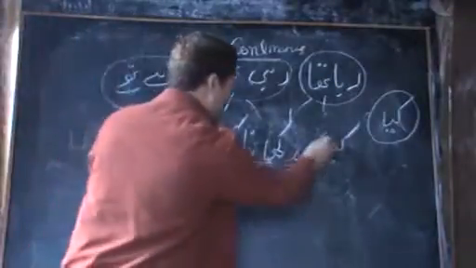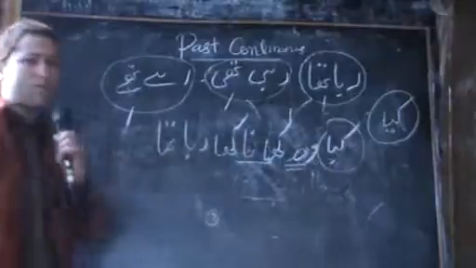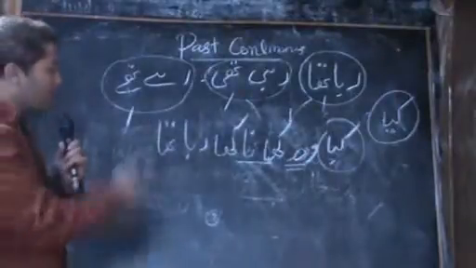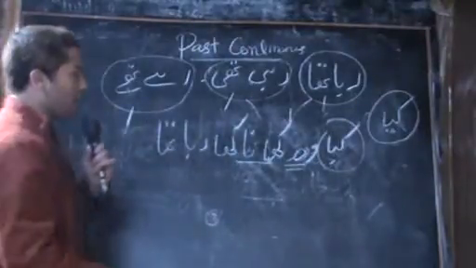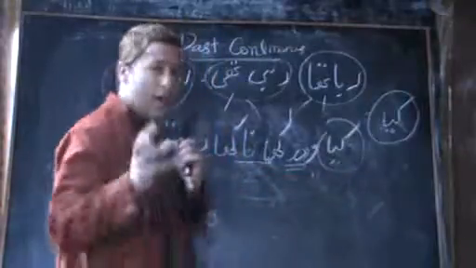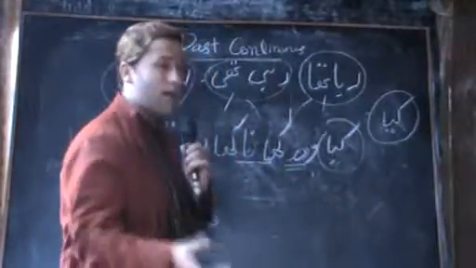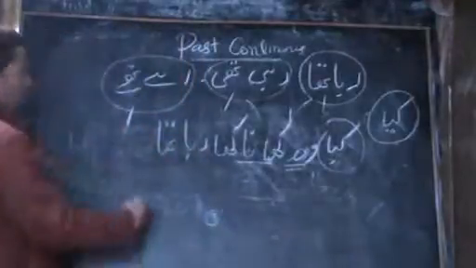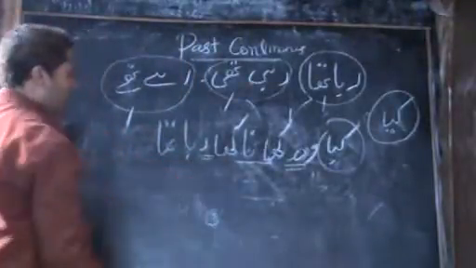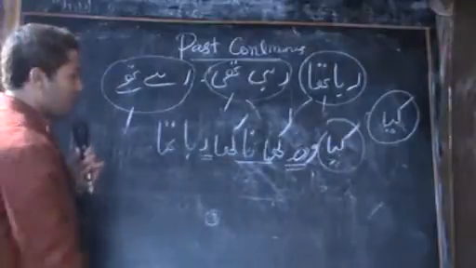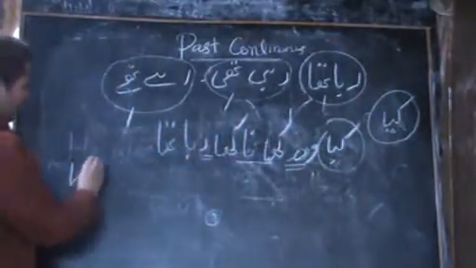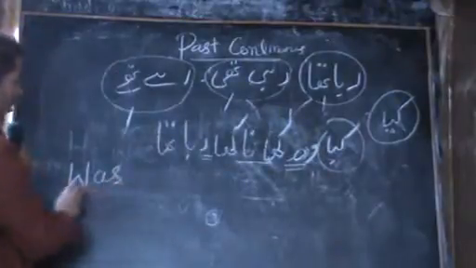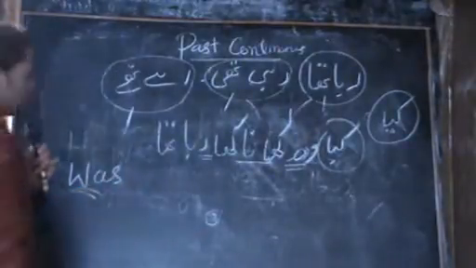First we'll translate this kya in case of interrogative, when we have to translate into English. And we know that to make an interrogative, we have to take out the helping verb and start the sentence with the help of the helping verb. So in case of raha tha, there is the helping verb was, and was will be taken out and the first translation will be was. It's always pronounced as was when it starts a sentence.